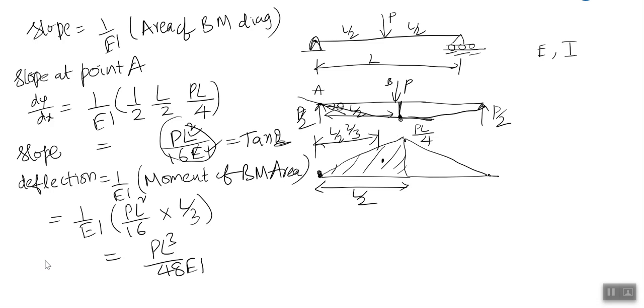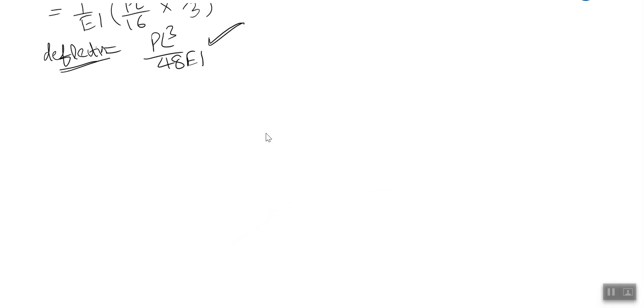This is the deflection for a simply supported beam. Now let us try to do some numerical problem. Let us say one cantilever beam is there of circular cross section.